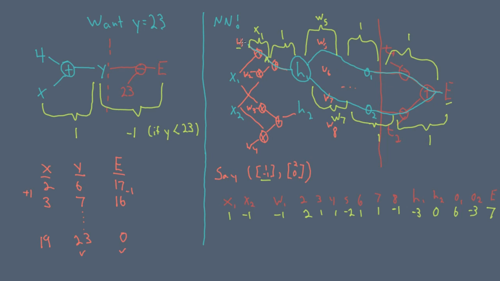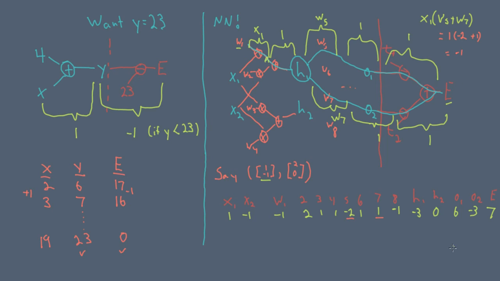So the total effect of h1 on e is w5 plus w7. So therefore the total effect of w1 on e is x1 times (w5 plus w7). And given our random initialization of the w's, we see that the effect of w1 on e is negative 1. So that tells us that we want to increase w1.